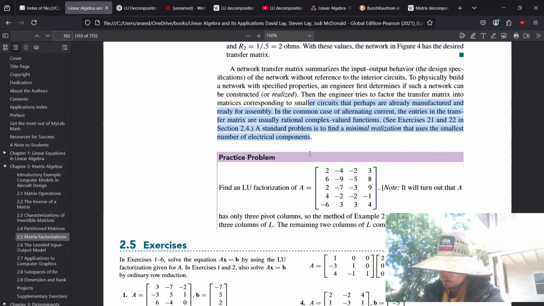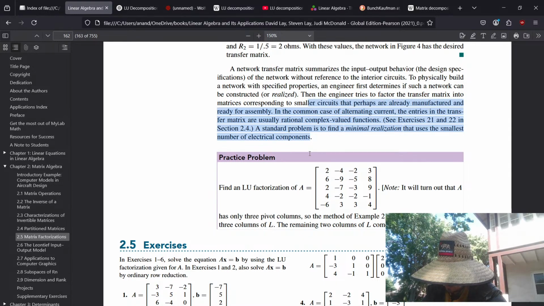So L is going to be 5 by 5. So we're going to start out with 1, 2, 3, 4, 5.